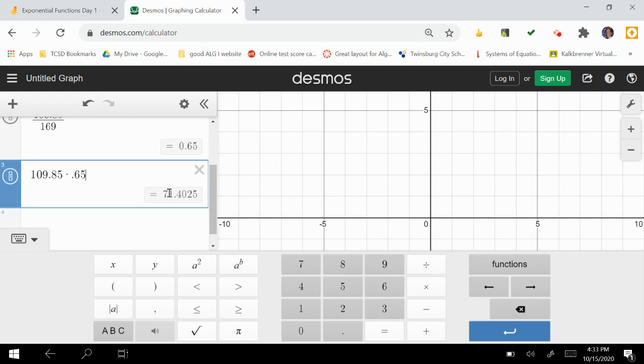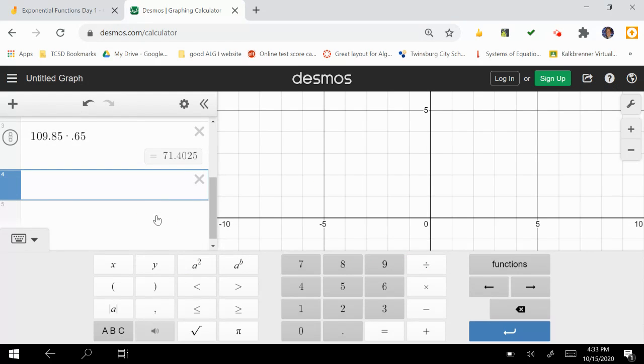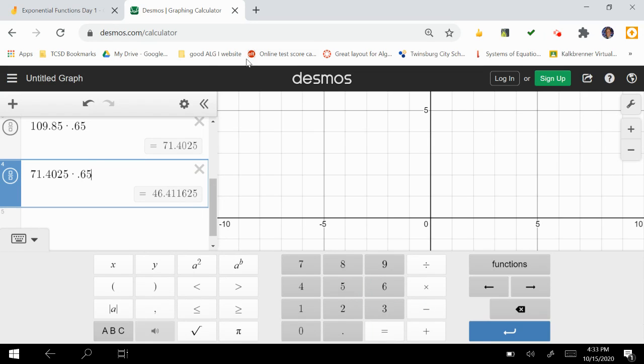So again, I'm just going to take this number here, 71.4025, multiply it again by that 0.65, and get a height of 46.411625.